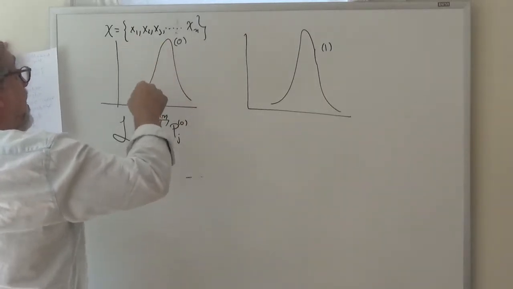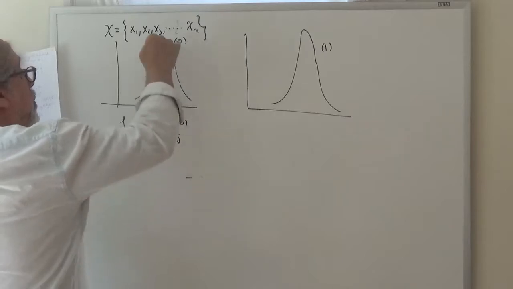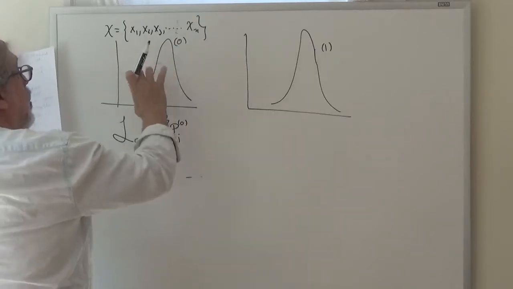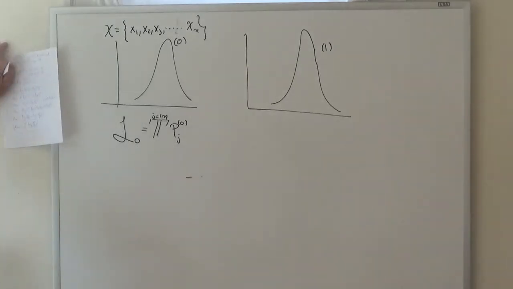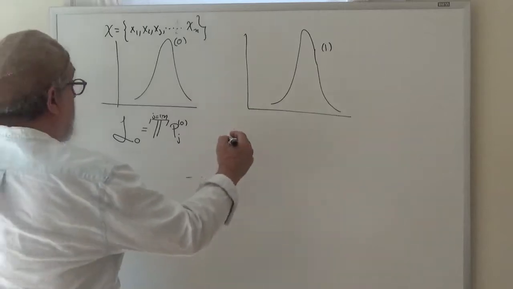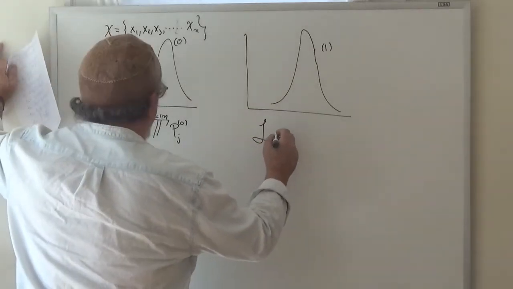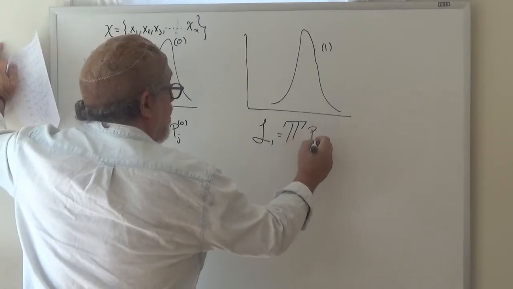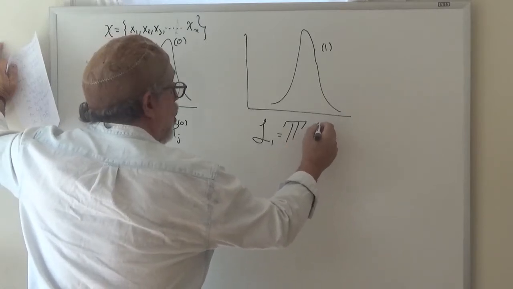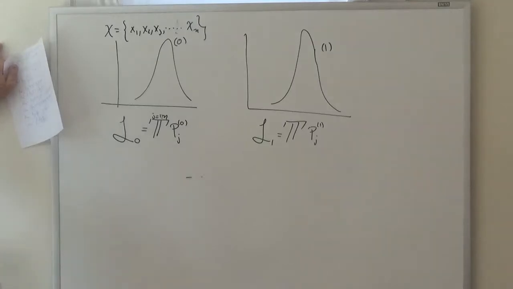We come here with our data in the 0 distribution, read all those PDFs, and multiply them together; that's the likelihood L0 of that data. If we do the same thing here, the likelihood L1 is the product of the PDF values of all the data xj measured on the probability distribution number 1.